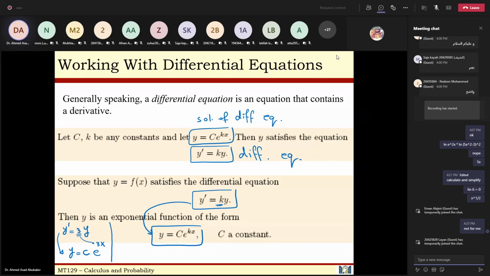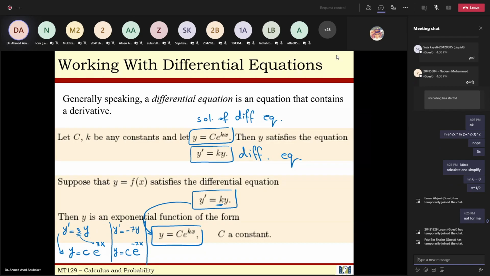Also, if we have y prime equal negative 7y, then y equal c e to the power negative 7x, like this. Okay, the c is called a constant, and k is a constant.